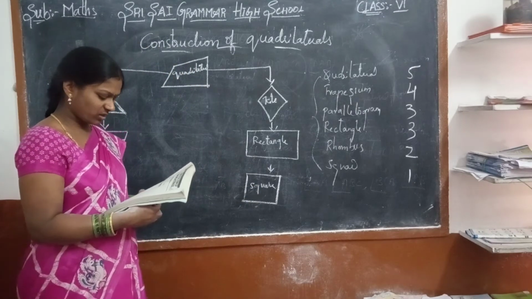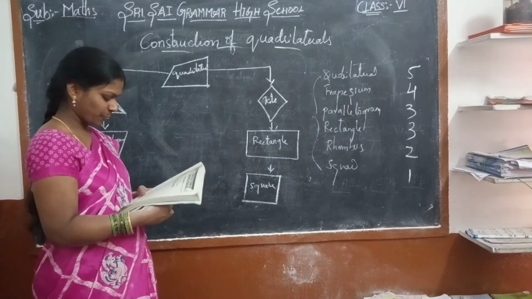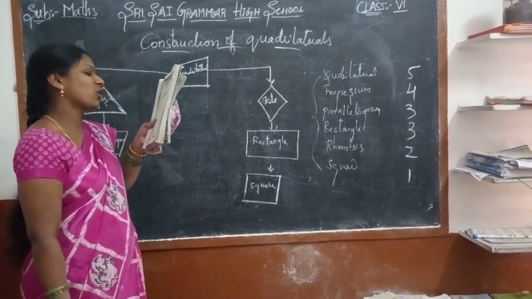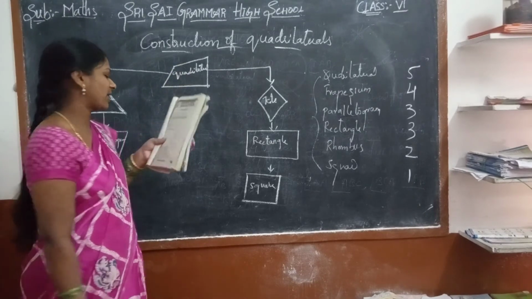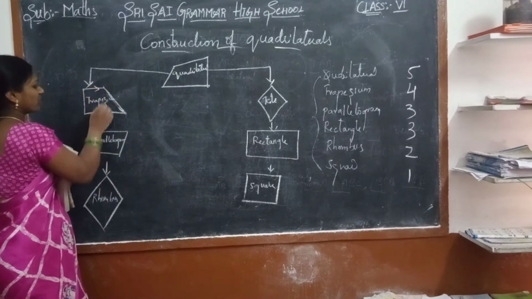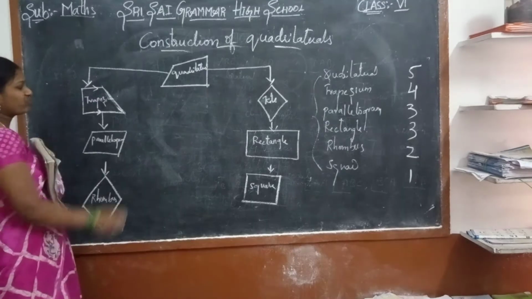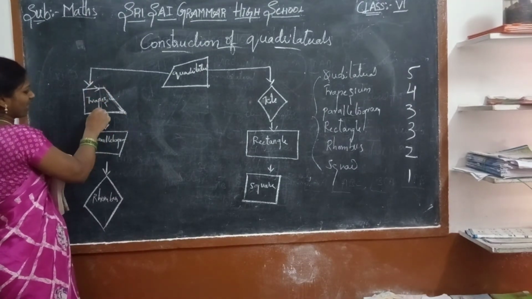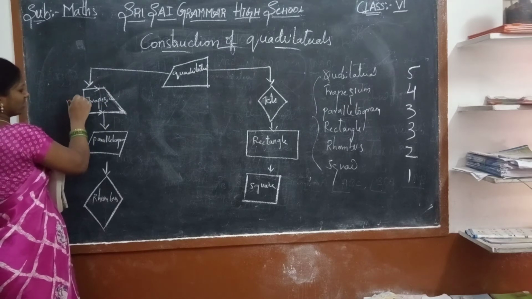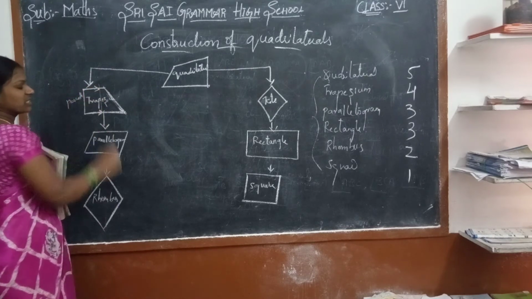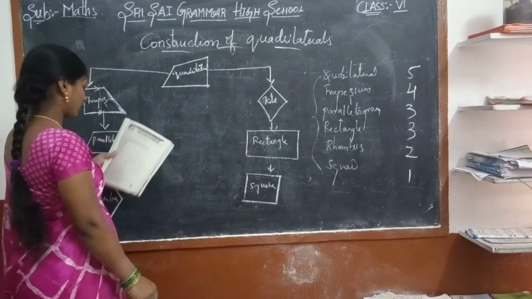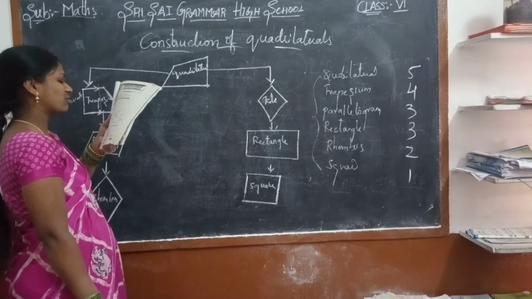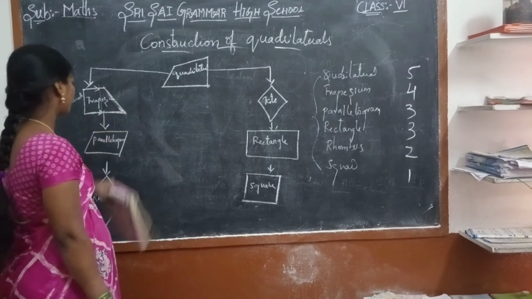See, in a trapezium, one pair of opposite sides is parallel. We can see only one pair of lines that are parallel, the opposite lines. In a parallelogram, two pairs of opposite sides are equal and also parallel.